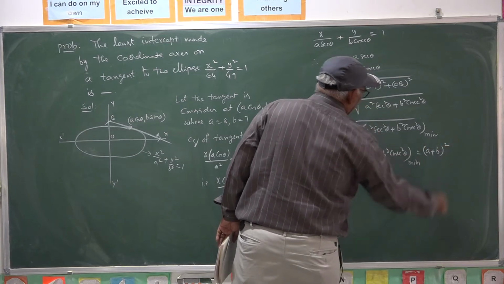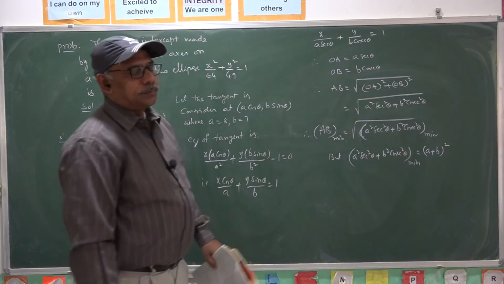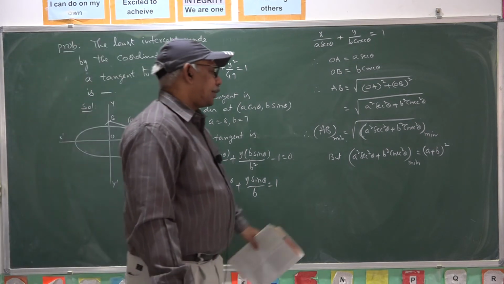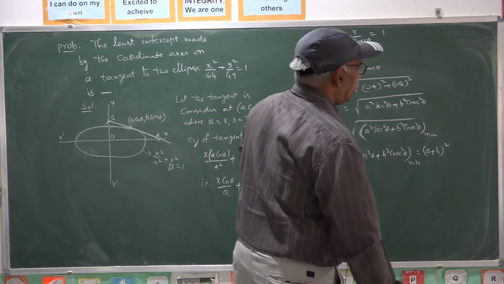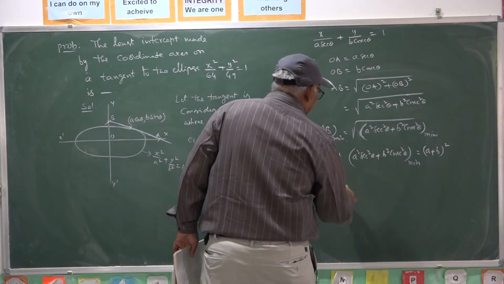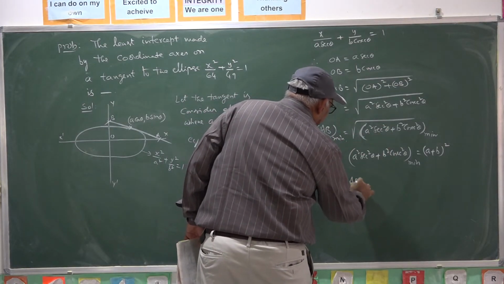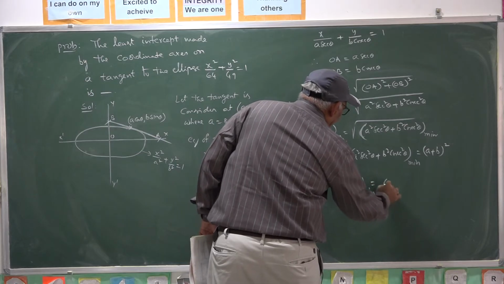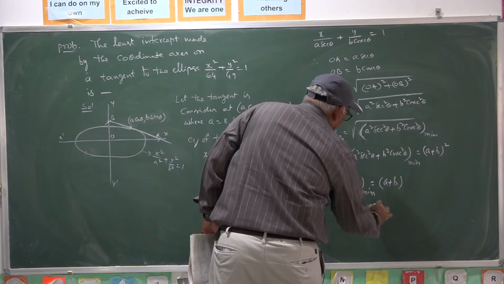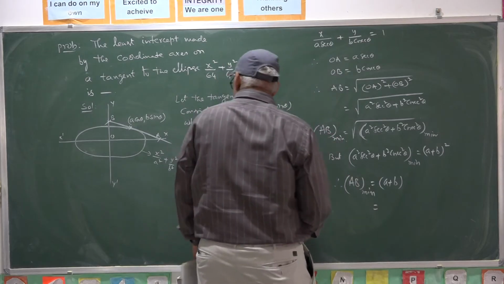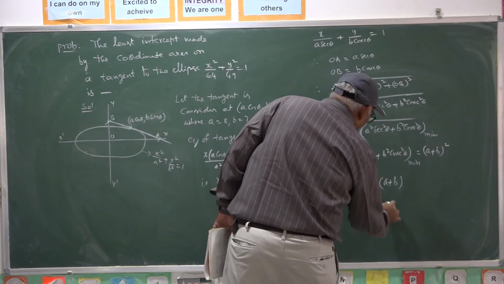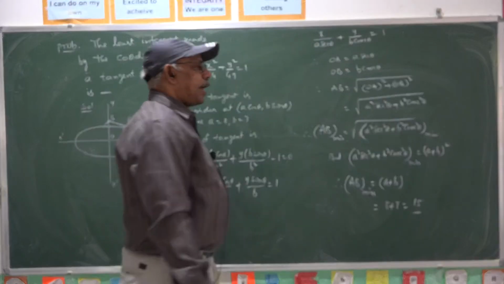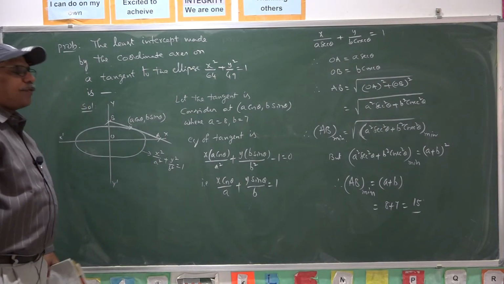This is already given to you as a formula. Hence, AB minimum is a plus b itself. That is, a plus b means here a equal to 8, b equal to 7, 15. So, the minimum length of AB is here 15.